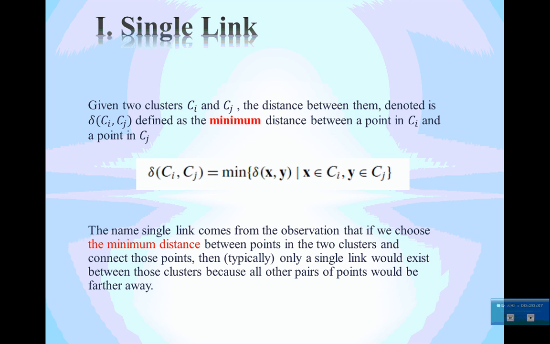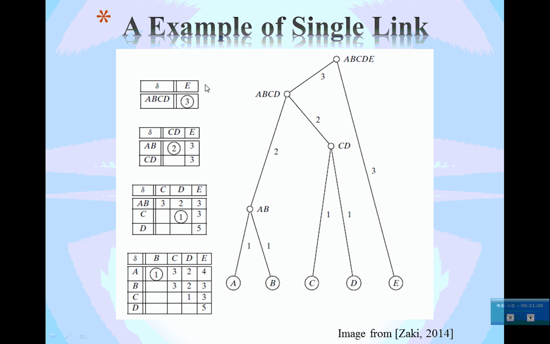Single link means the minimum distance between 2 points from different clusters. We just find the minimum distance between these two clusters. This is single link. One example is here.